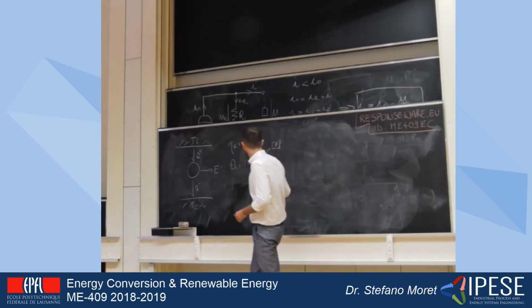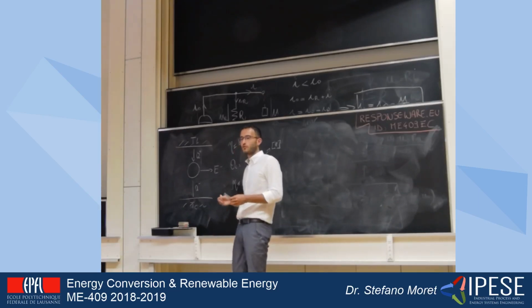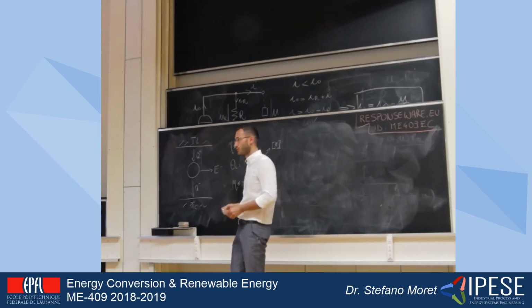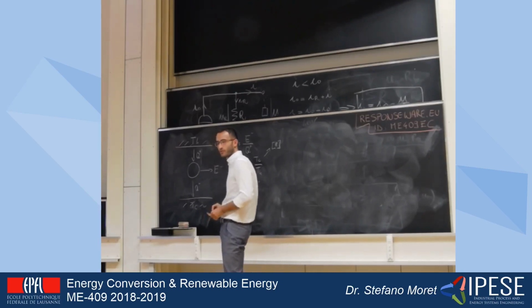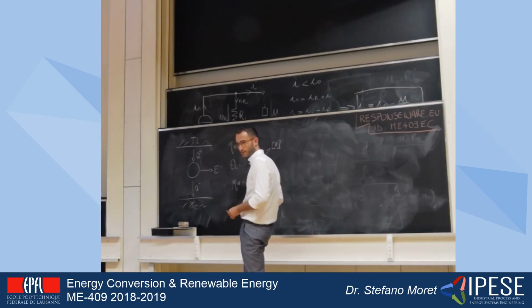And then you have the second law efficiency, which we also called exergy efficiency, which compares how well we are designing the system. What we compare there is the mechanical work we produce, compared to the maximum mechanical work we could produce in a theoretical cycle.